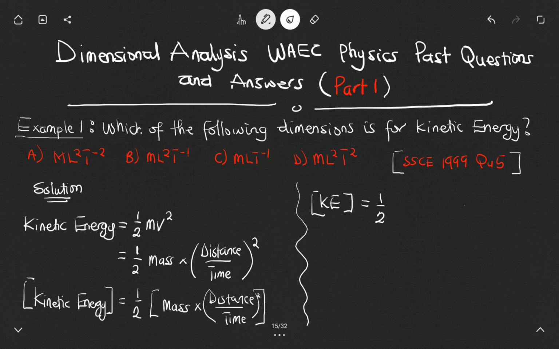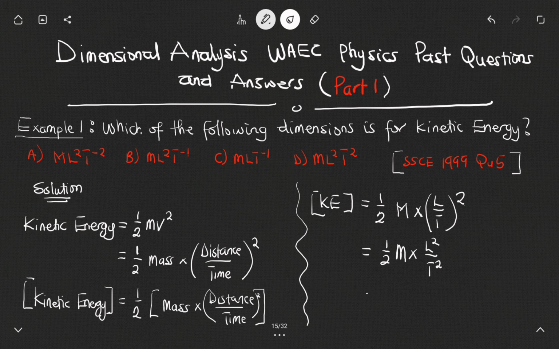The dimension for mass is m, the dimension of distance is l, and the dimension of time is t. Distance is measured in length, so the dimension is l, and we square it. So we have half m multiplied by l squared over t squared.